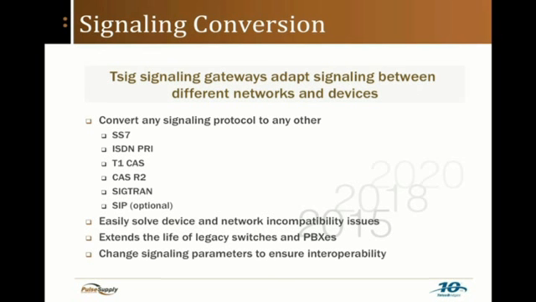They perform switching, and they handle the actual audio, voice or media, connecting two call legs from one network or device to another network or device, while adapting or converting the protocol and providing the ability to modify some signaling parameters such as calling and called numbers, nature of address, calling party category, and so on. And it allows you to solve network incompatibility issues, or extend the life of some legacy devices that you may need to support.